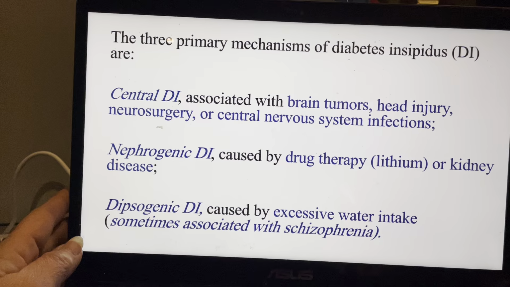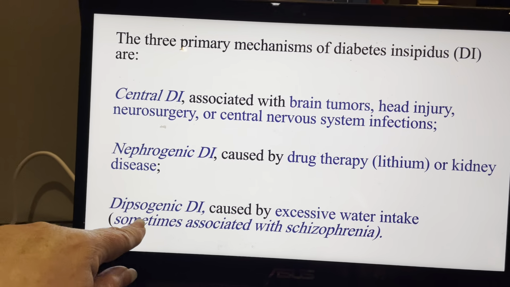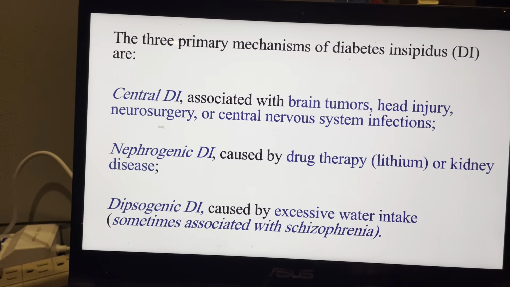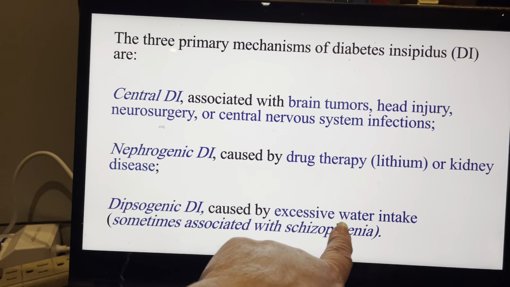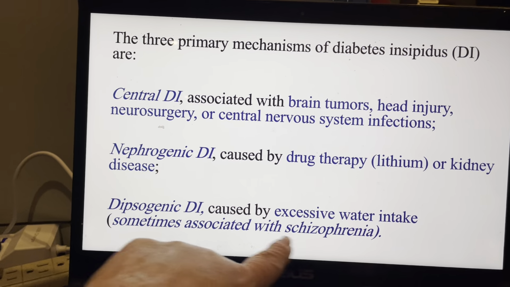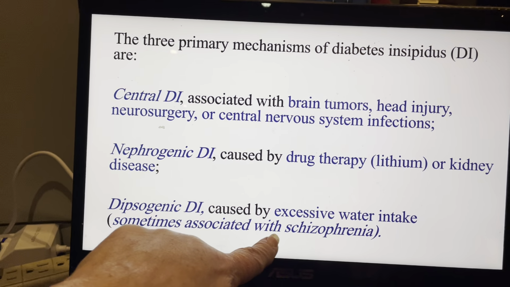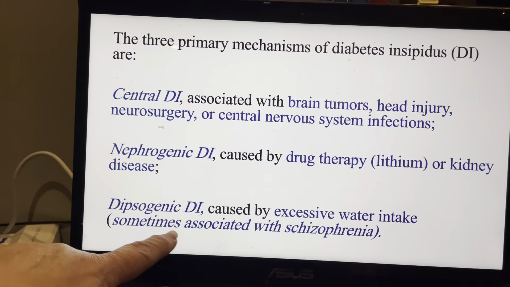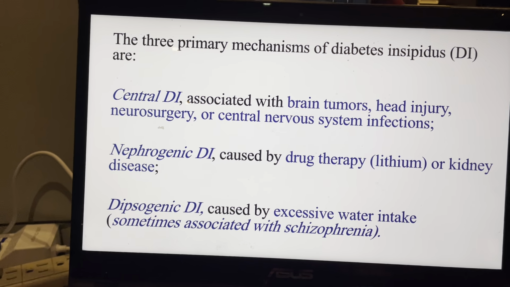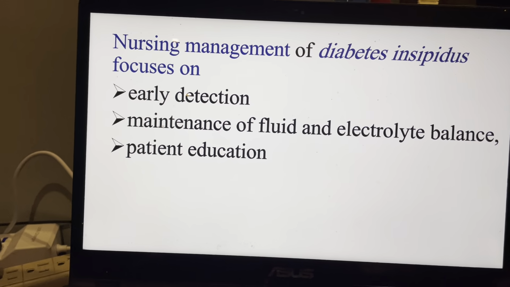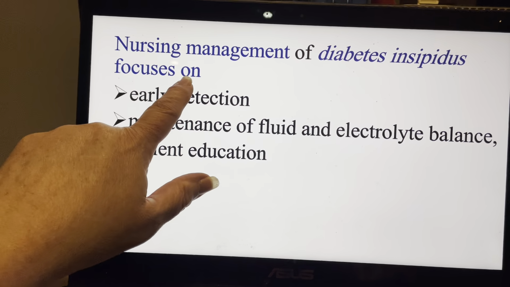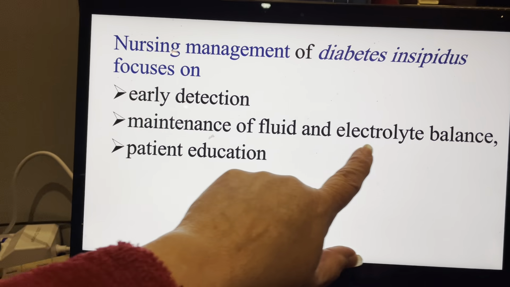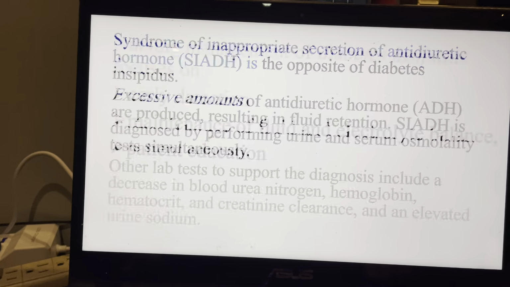And then dipsogenic, that sounds like an insult, diabetes insipidus is caused by excessive water intake, and it's sometimes associated with schizophrenia. Nurse management of diabetes insipidus focuses on, this is what they expect you to know, early detection, maintenance of fluid and electrolyte balance, and patient education.